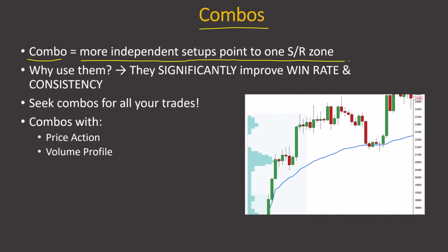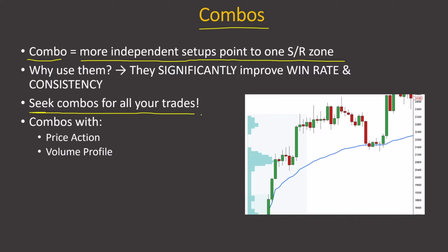However, those are relatively simple, right? And they may not always produce consistent results. But if you want consistency and a better win rate, you want to use those combos.